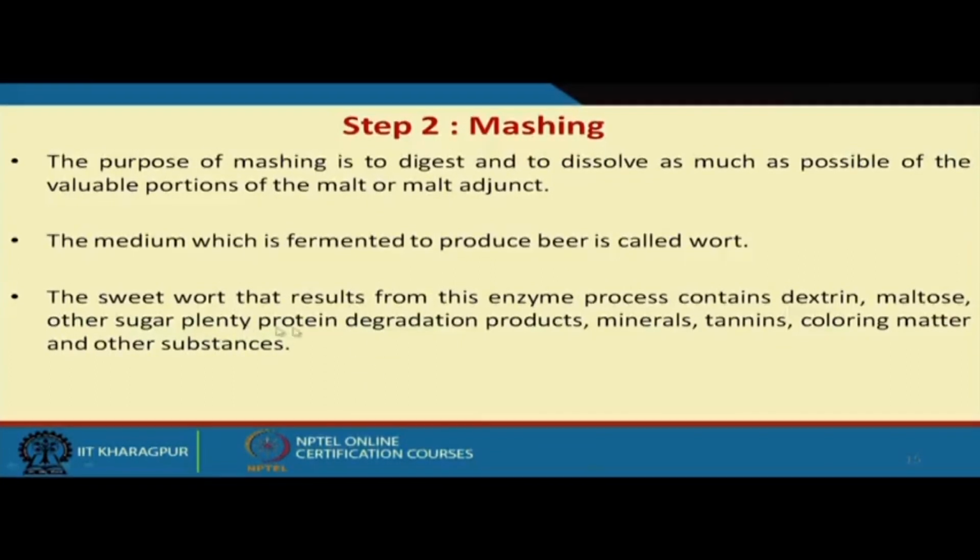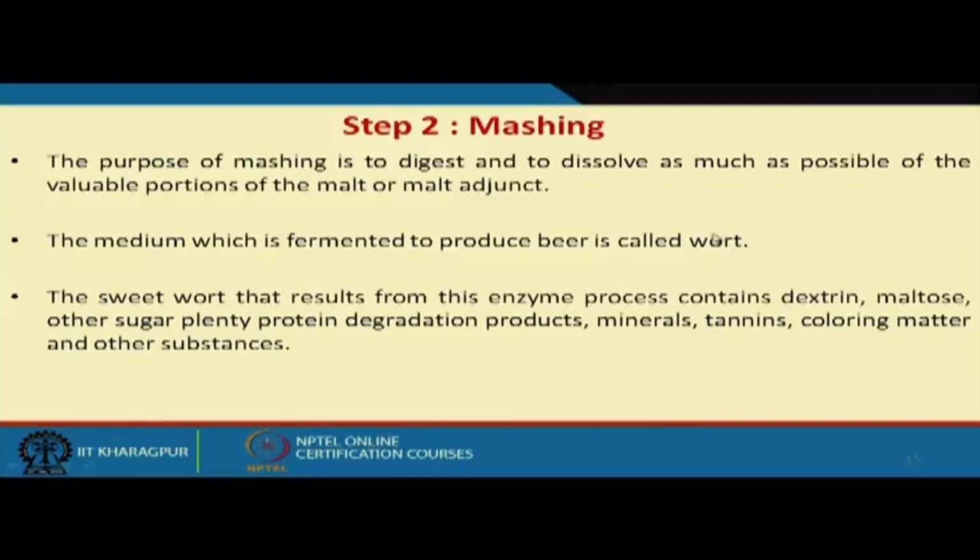Then the next step is the mashing process. The purpose of mashing is to digest or to dissolve as much as possible of the valuable portion of the malt and malt adjunct. I told you that here the insoluble material will be solubilized. The medium which is fermented to produce beer is called the wort. This is very important.